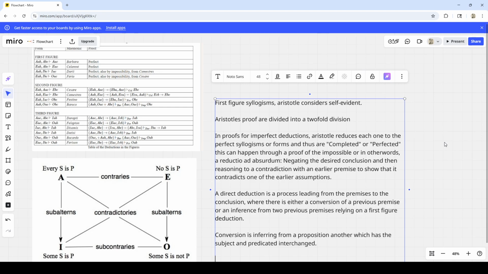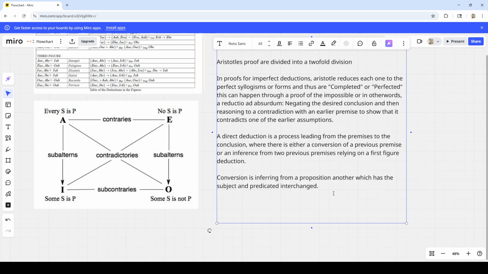So really, Aristotle says there's only three conversions that are sound. So he gives us three, right? So first, A, E, and I, and no O. Aristotle says the universal affirmative can logically be converted, while the universal negative can also be logically converted. And I, the particular affirmative, can also be logically converted.